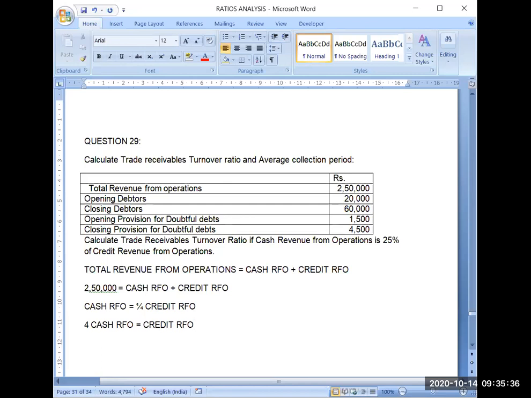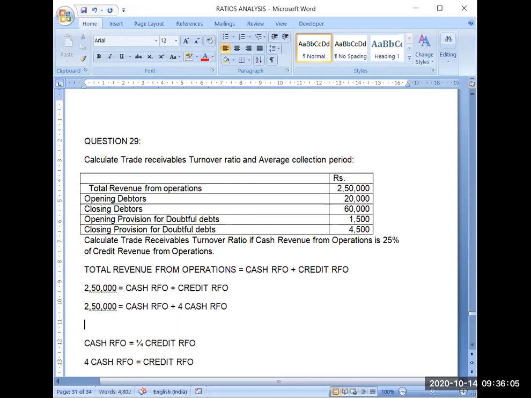Now you have got a value of credit revenue from operations which you can keep in this formula. So I will put 2,50,000 is equal to cash revenue from operations plus, instead of credit revenue, 4 cash revenue from operations. In this manner, I will get the value of cash revenue from operations.